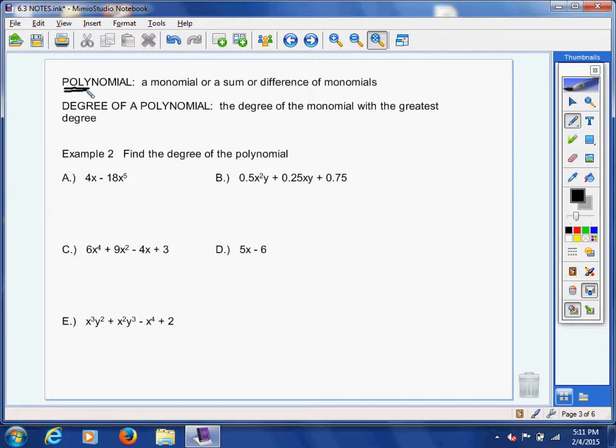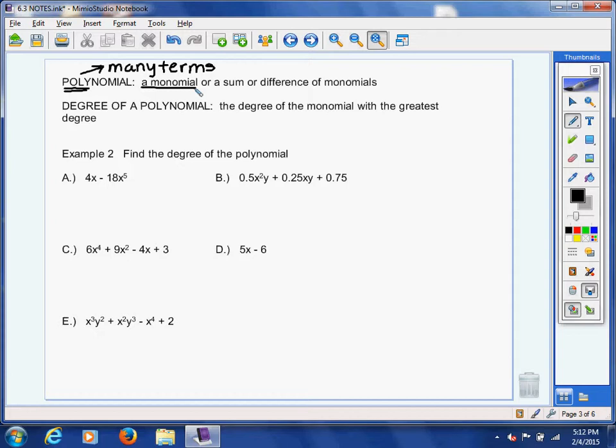You're going to see at the very beginning of it, poly, that is just Latin or Greek for many. So we're talking about an expression that has many terms, more than one. A polynomial can actually have just one term or more than one term. That's what I put as your definition. It could be a monomial, and so you could call it in general a polynomial.